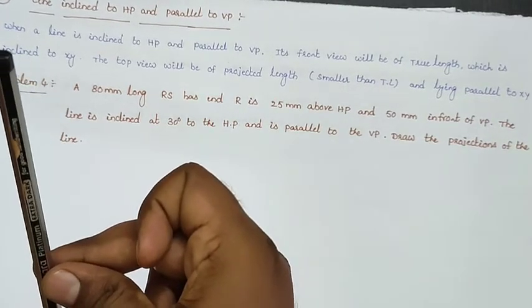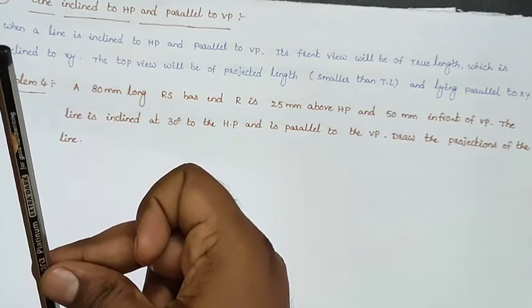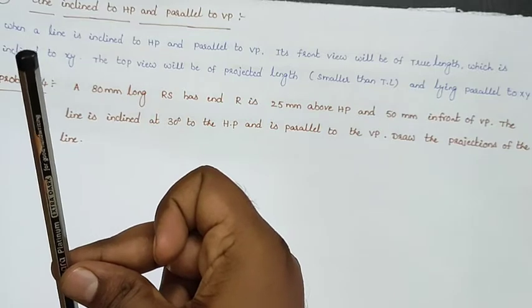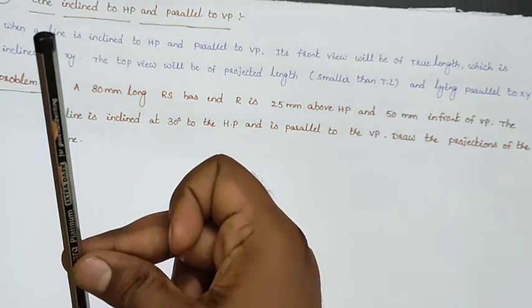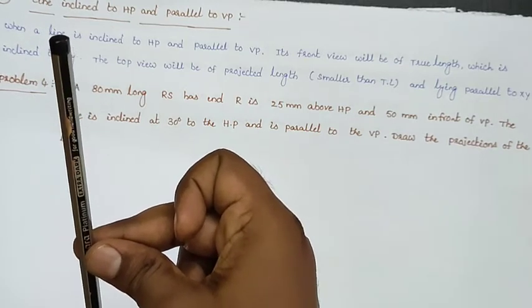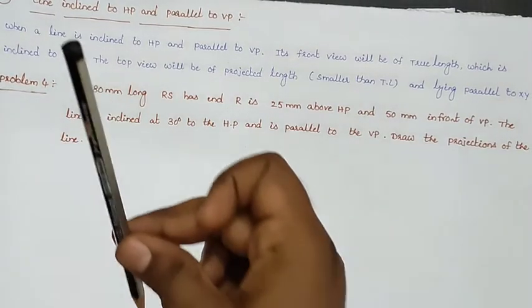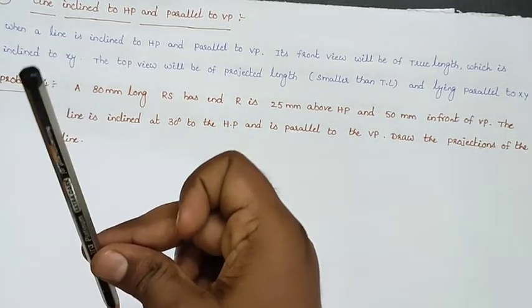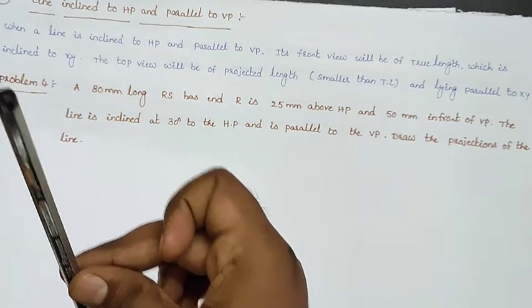Whenever you see the object from the top, the top view is also a line, but that line is not equal to the true length. So it is a projected line, which means it has a reduced length. So this is our problem. In this direction, whenever you see the object from the side view, we also get a line. So we will draw that projection also.